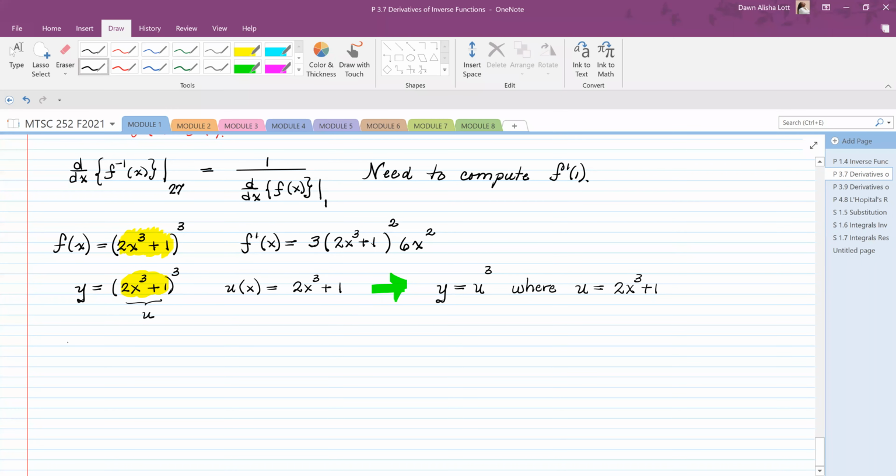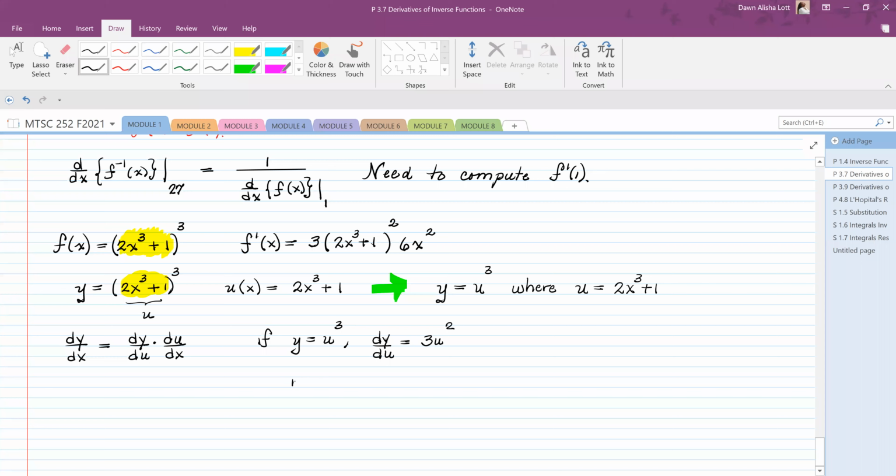So the chain rule says dy dx says take the derivative of y with respect to u, and then multiply by the derivative of u with respect to x. So we need to find those things. If y is u cubed, then dy du is 3u squared.